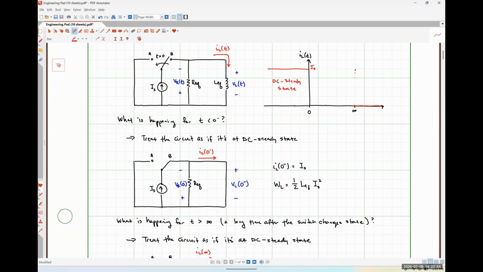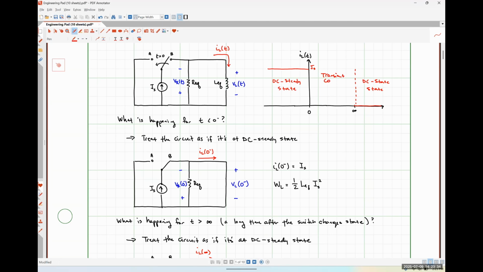I'm going to put a dashed line up here, and everything to the right of this dashed line, after we've allowed our system to come back to a DC steady state condition, is obviously also DC steady state. Everything in the middle between 0 and infinity is what we're going to call our transient condition. This is when our system is undergoing the effects of the switch changing states.